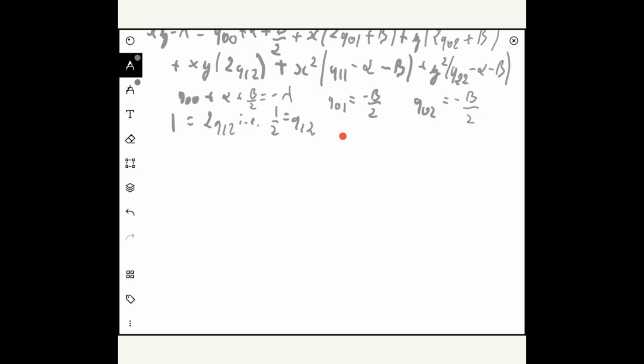Yeah, we have q1 equal to minus alpha minus beta equals 0. So q11 is equal to alpha plus beta, and q22 is also equal to alpha plus beta.